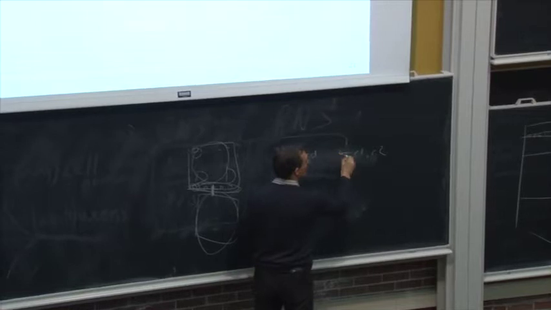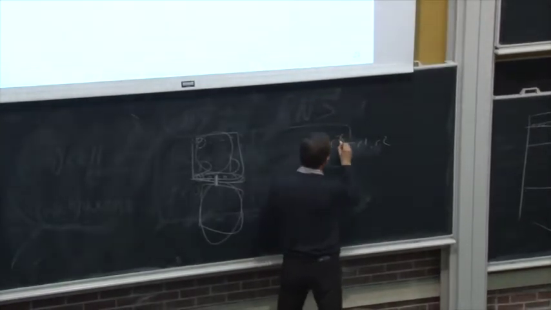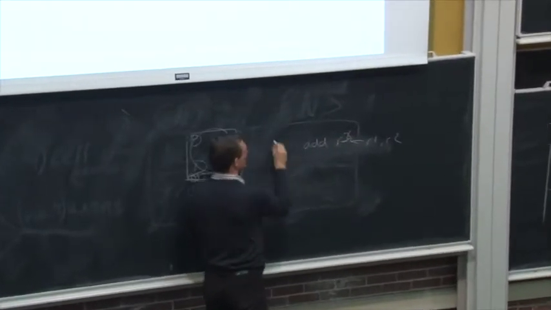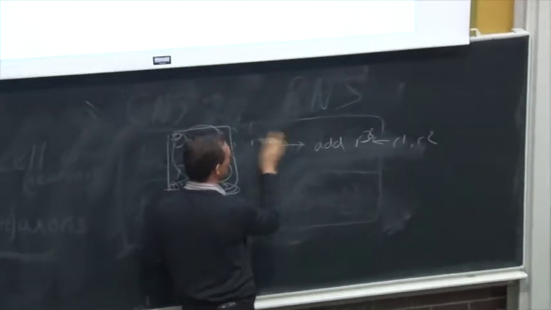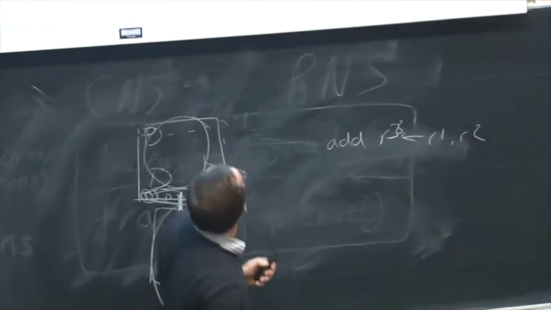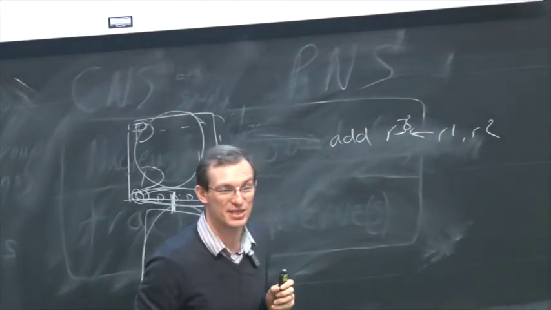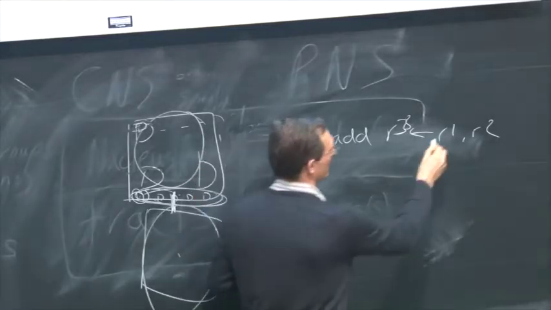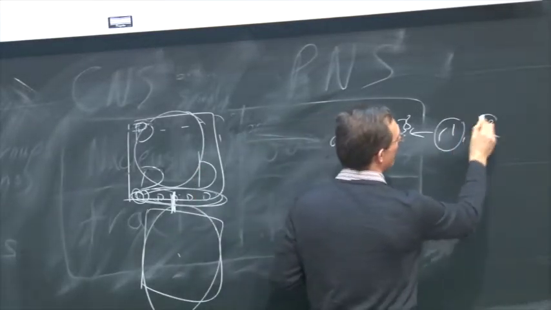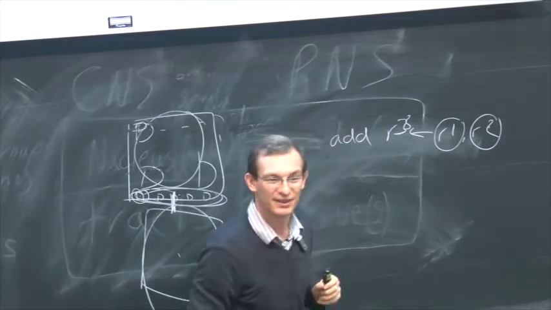So let's say you're adding R1 to R2 and storing the result into R3. Instead of executing the instruction when the program counter gets to it, there is no more program counter. We're done with the program counter. There's no instruction pointer. The processor keeps track of whether R1 and R2 are ready.